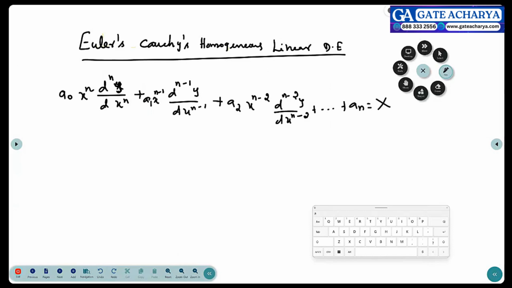So this is the general form of a higher order linear differential equation with variable coefficients. It is also an important topic.